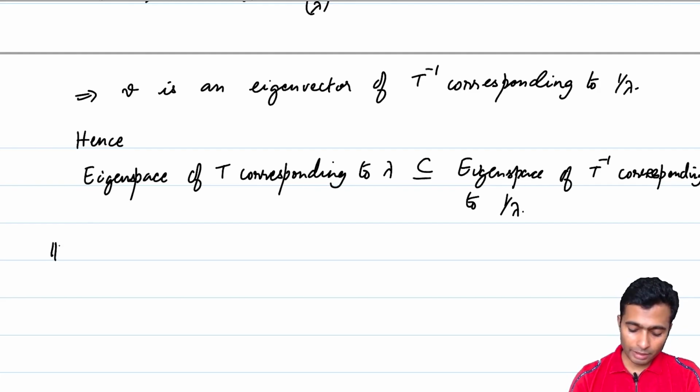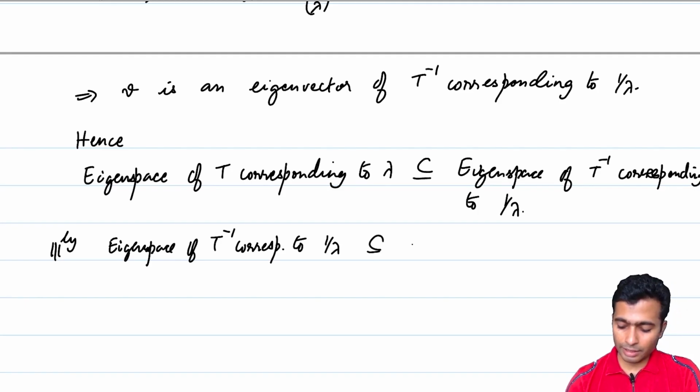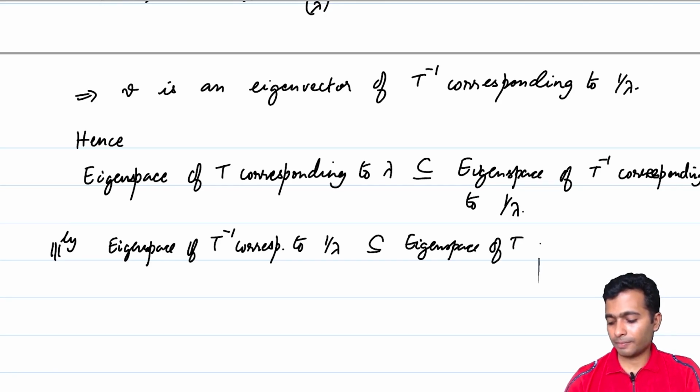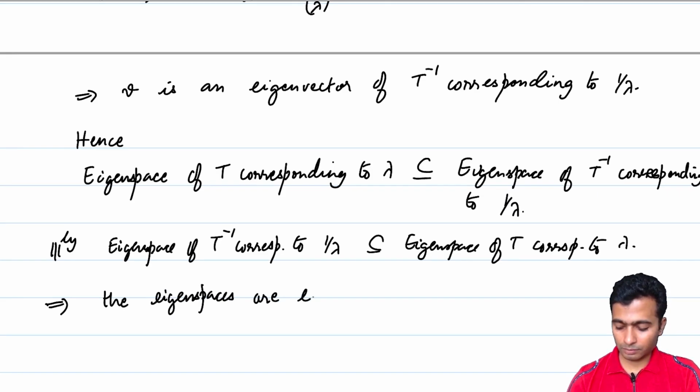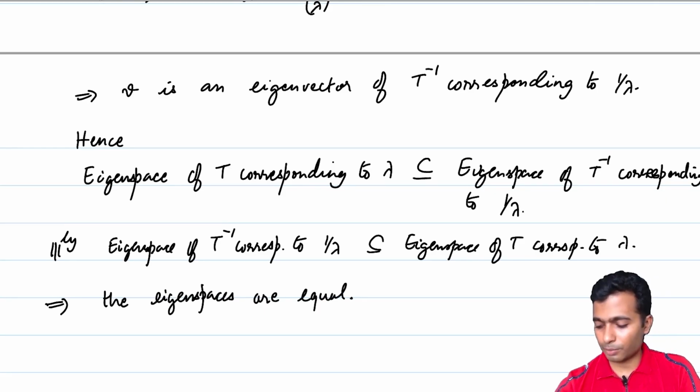Similarly, the eigenspace of T inverse corresponding to 1 by lambda is contained in the eigenspace of T corresponding to lambda, which implies that the eigenspaces are equal. That's what we had set out to prove.